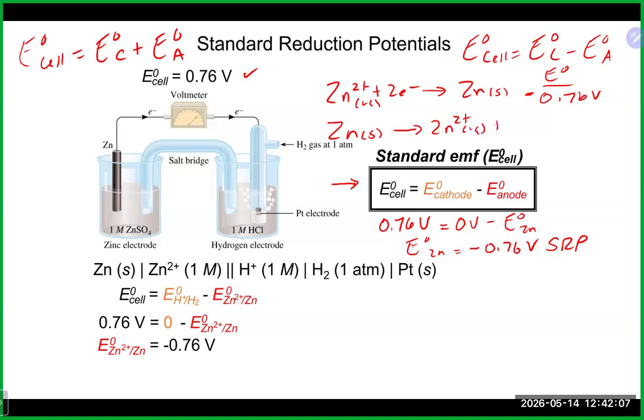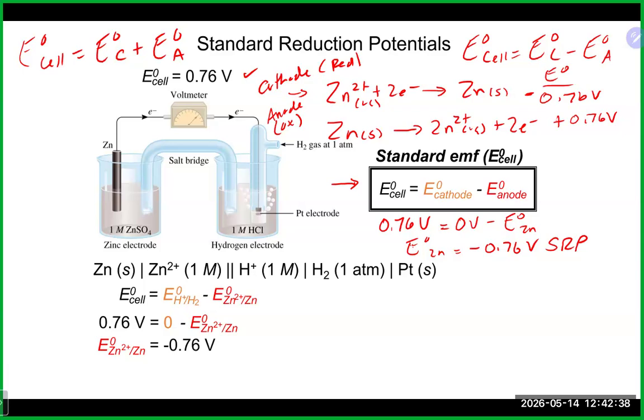This would be my anode reaction, or my oxidation reaction, where they're given off. Basically what I did there is reverse the reaction, and the sign now becomes positive 0.76 volts. So if this is my cathode reduction and I needed an anode, that's zinc, which is my oxidation, I would reverse the reaction and the sign of the value I find in the table changes.